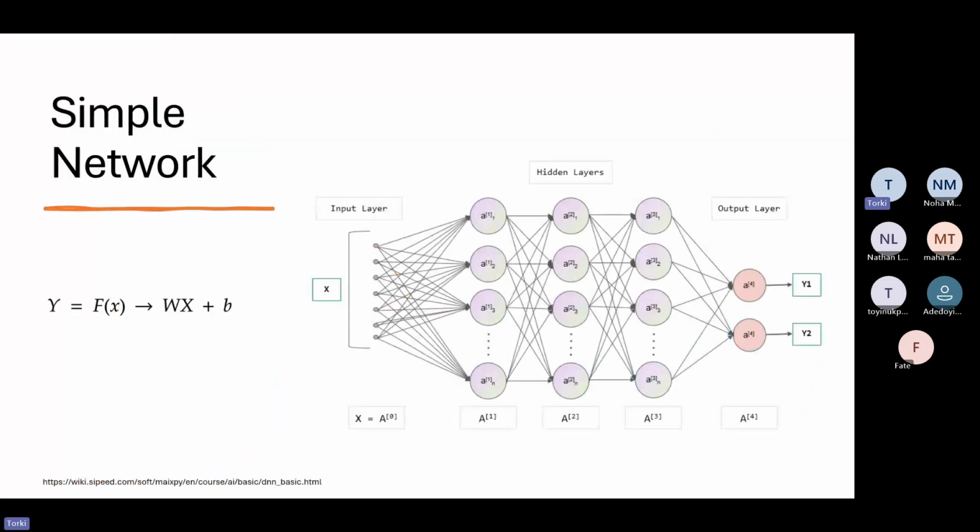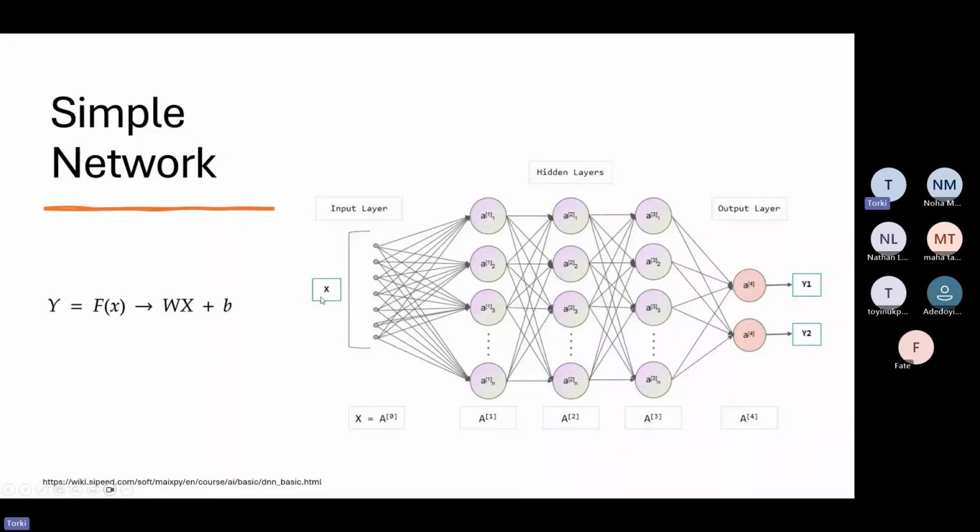The next slide may be offensive. You have the x as an input, and every arrow here is called a weight. We have W, W, W, W, W, W. And the architecture is called a feed-forward neural network. The goal is to estimate Y1 and Y2. So what does the function f compute?